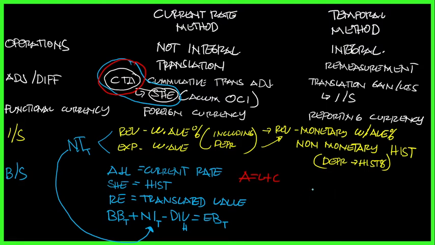Now, let's go to your temporal method muna. Ganun din for assets and liabilities. If it's monetary, nade-delay tong pen ko. If it's monetary, you use your current rate.